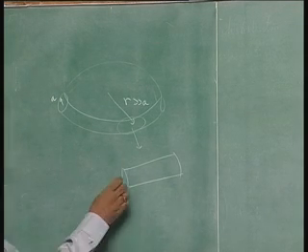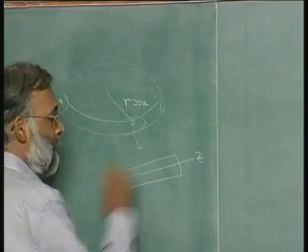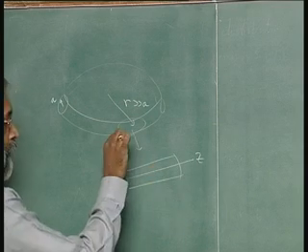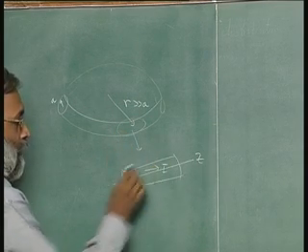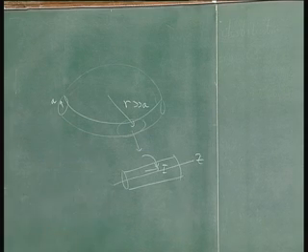The magnetic field along this direction, if this is z, assuming I is in this direction, is going round and round that wire.